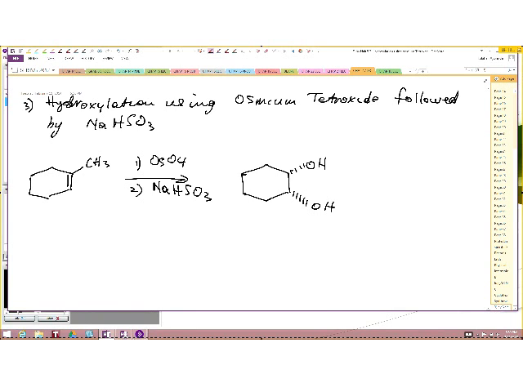They are added from the same side of the carbon-carbon double bond. So that means our metal is coming at us, and this hydrogen that was there before is coming at us. Don't forget there is hydrogen here. Okay, that's number 3. Number 4. Hydroxylation.